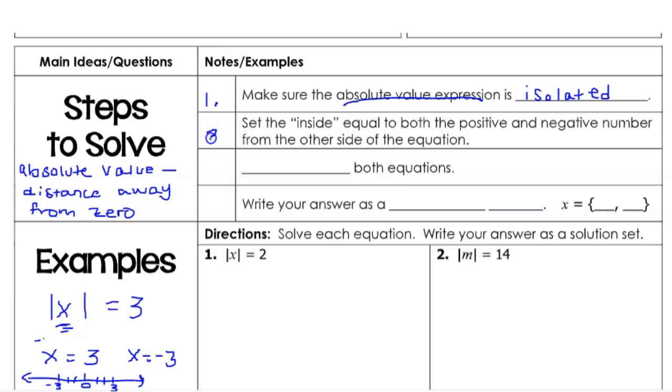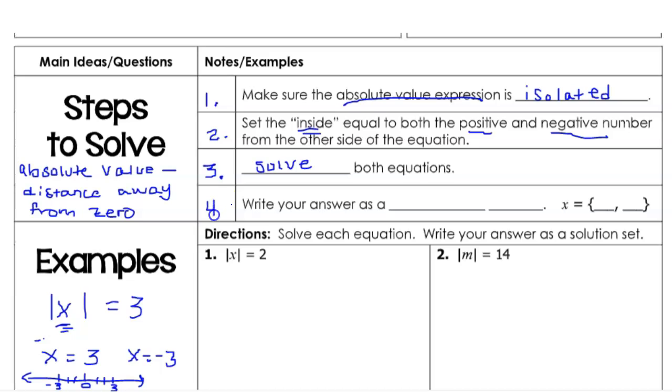The second thing we want to do is set the inside of the absolute value equal to both the positive and negative number from the other side of the equation. The third thing that we're going to do is solve both equations.